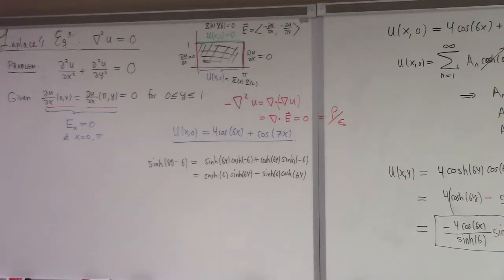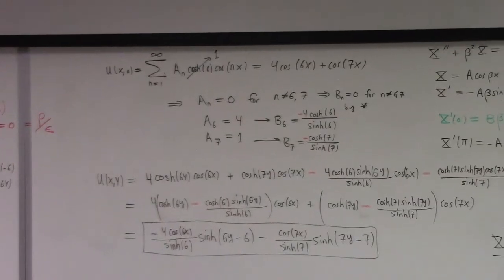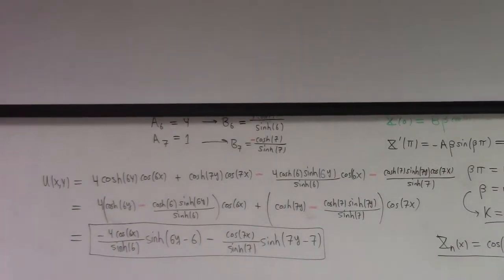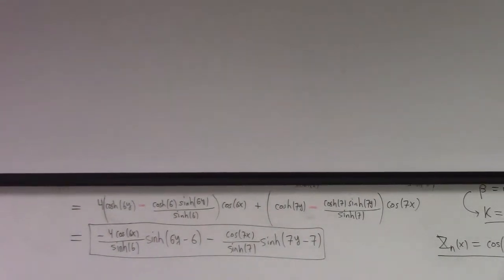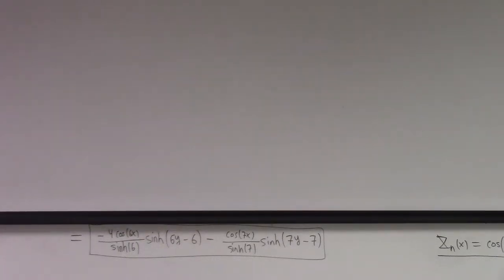So is the method clear? How do you solve a boundary value problem? With homogeneous boundary conditions, you propose that the solution is separable in the sense that it's a product of functions of just one variable. And then you work your way through the boundary conditions.